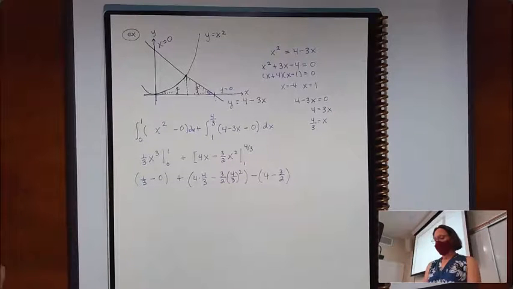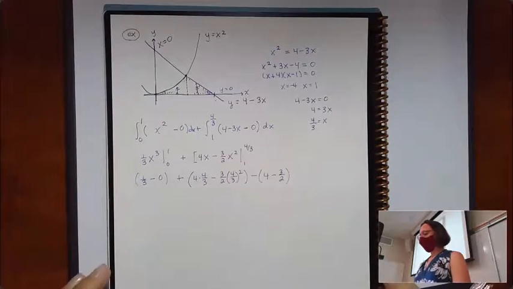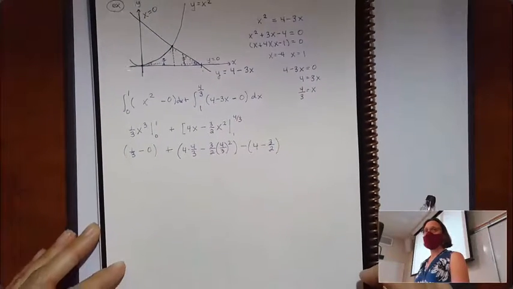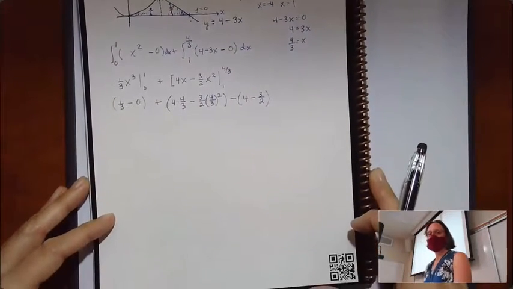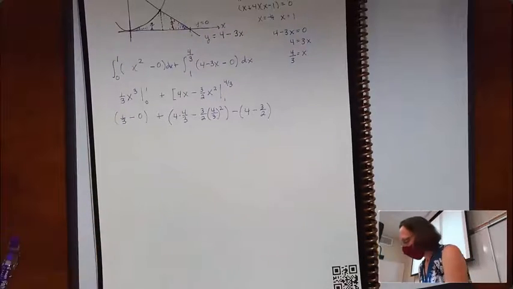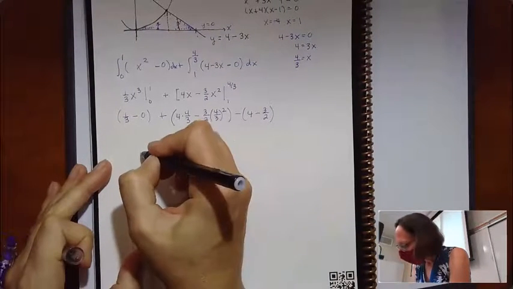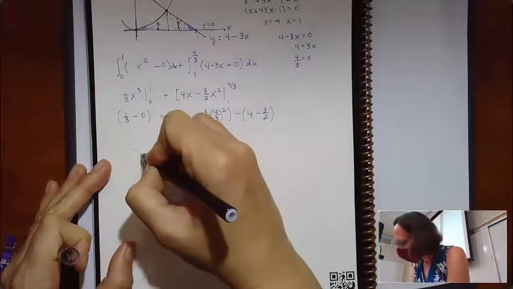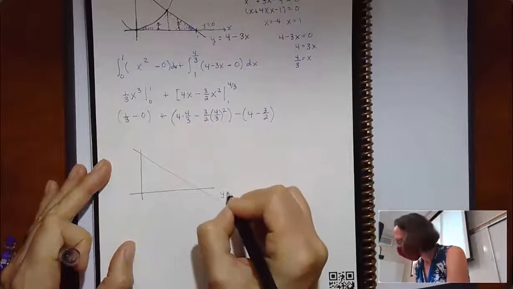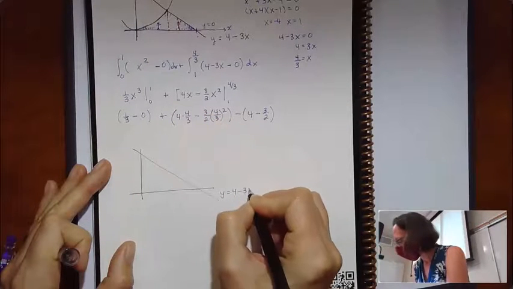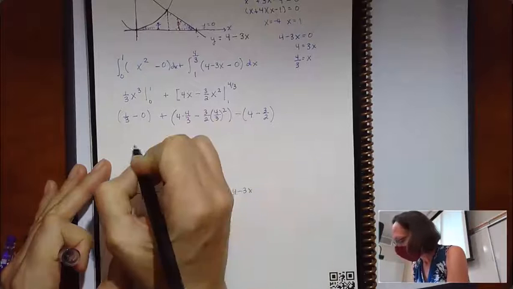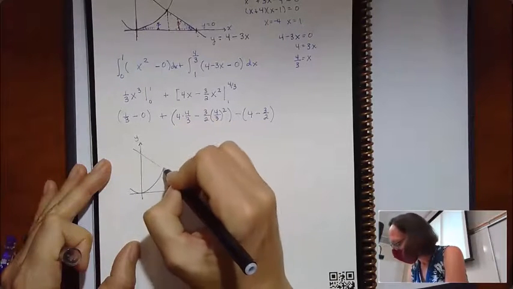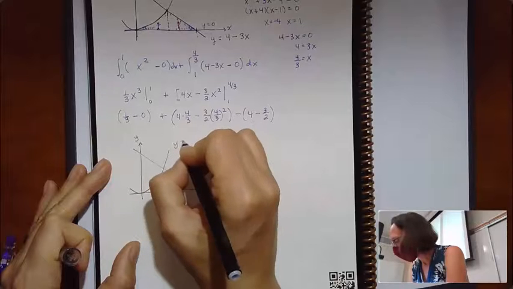So to re-look at my picture, maybe without the messiness of my little tiny people standing in there, we've got a line, and that line is y equals 4 minus 3x. Here's my x-axis, here's my y-axis. And then we had part of a parabola that's y equals x squared.